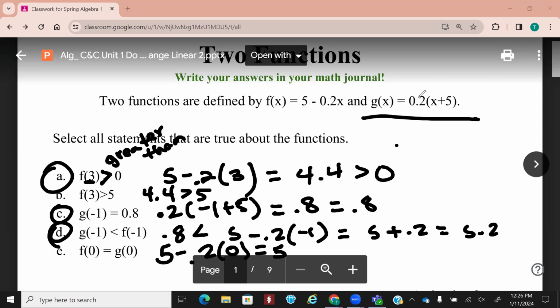All right, and then we're going to plug in 0 for g. So we're going to take this equation over here, and we're going to plug in 0, and that's going to give me 0.2 times 5, which is, type this in, 0.2 times 0 plus 5. Is that a 3 or a 5? It's a 5.